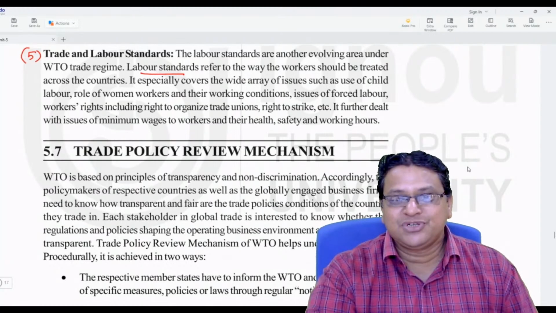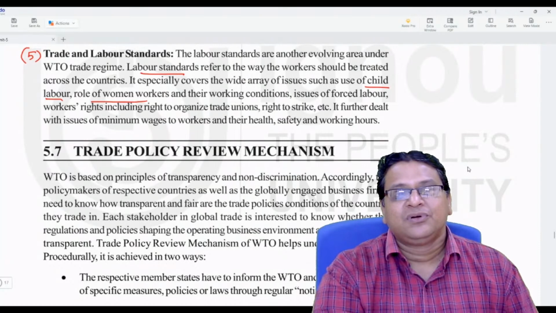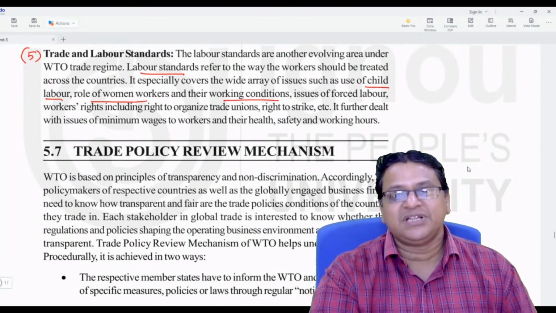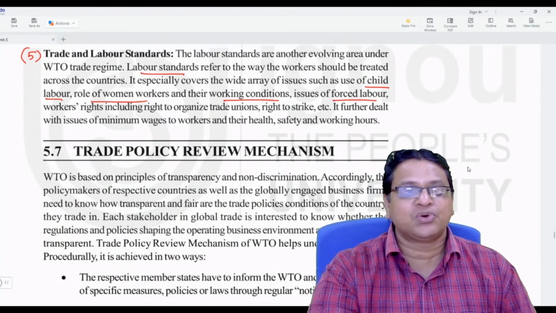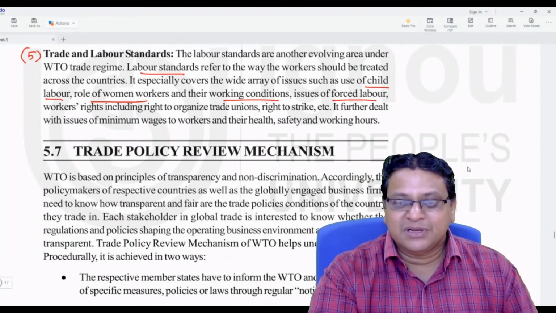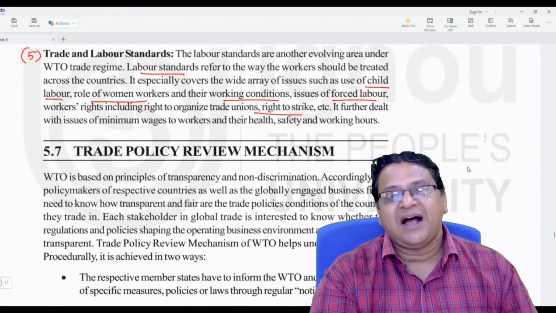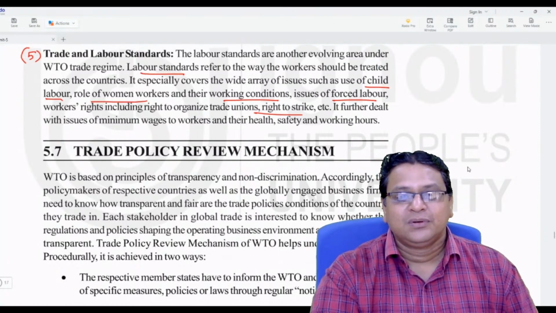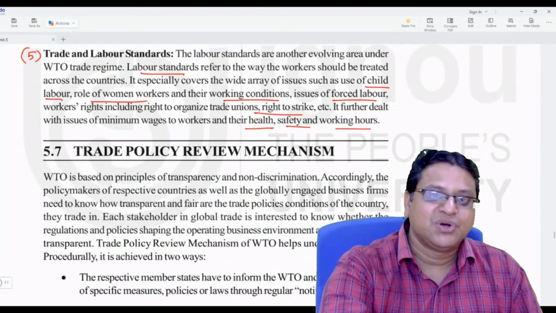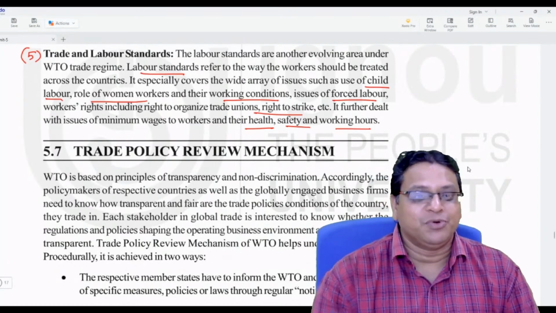How to restrict the use of child labor, how to improve the role of women workers and their working conditions, how to restrict forced labor, how to protect the rights of the laborers, how to take care of the health, safety, and working hour issues of different labor organizations. These must be implemented in WTO.